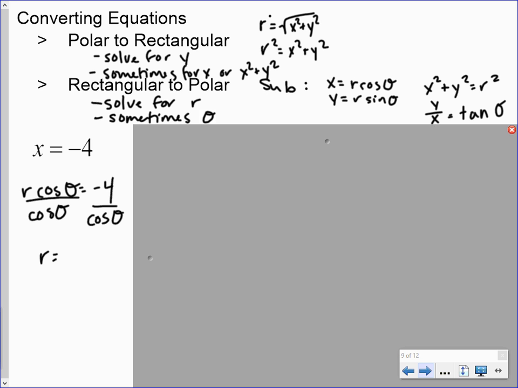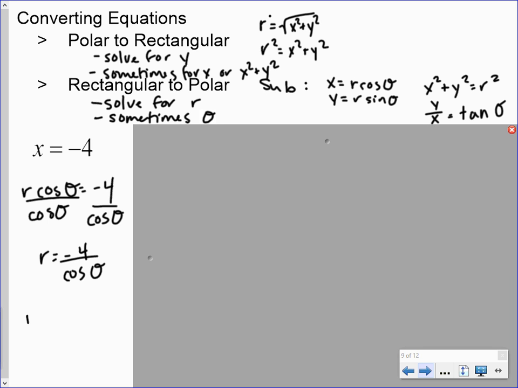A lot of times I get students, especially when we're first starting out, who say, okay, this is good, -4 divided by cosine theta. I also kind of agree with that, but think back to chapter 5. If you're dividing by cosine theta, what are you multiplying by? Secant, the reciprocal identity. So if you have cosine theta in the denominator, you can pull it into the numerator with the reciprocal function.